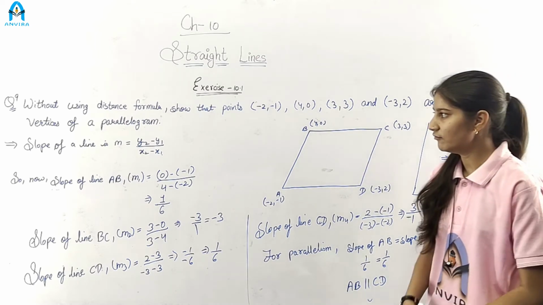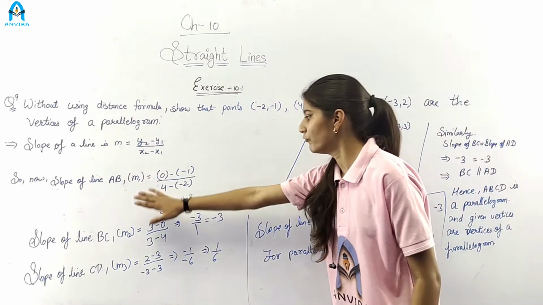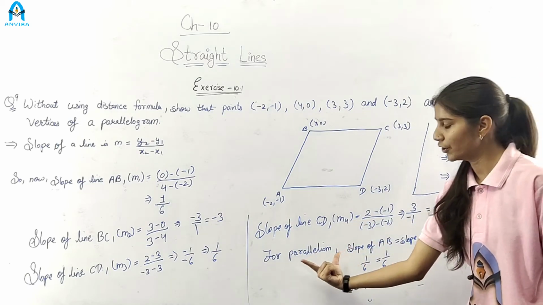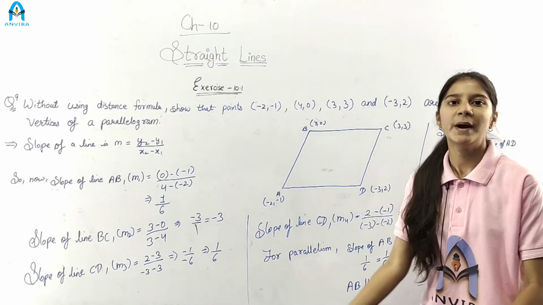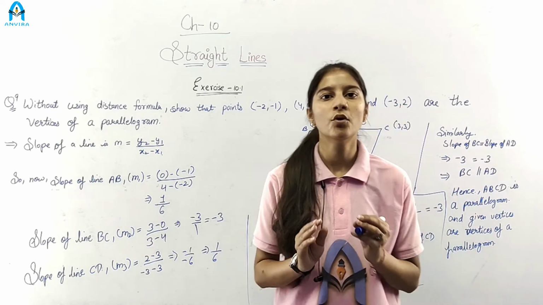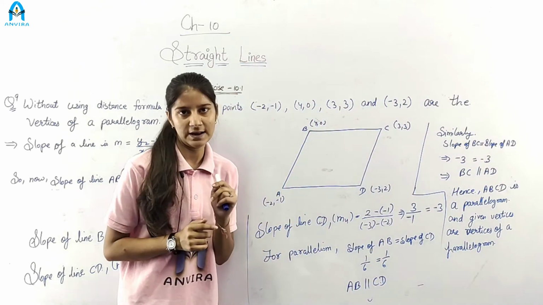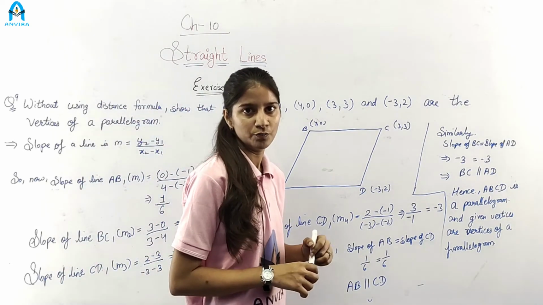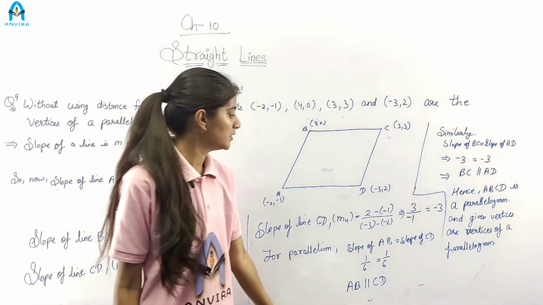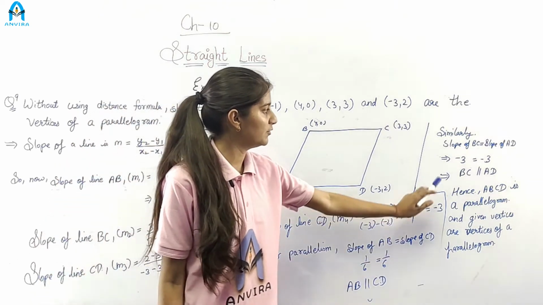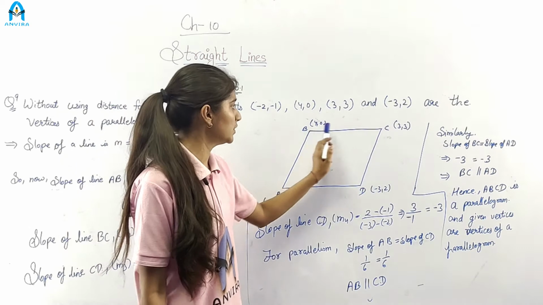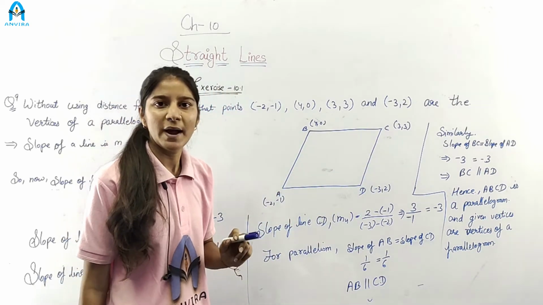So what we have done, we first of all found the slope of every line. We know the condition of parallelism. The condition of parallelism states that if two lines are parallel, then the slopes of both the lines should be equal. We find the slopes of both the lines are equal, then we conclude that ABCD is a parallelogram.